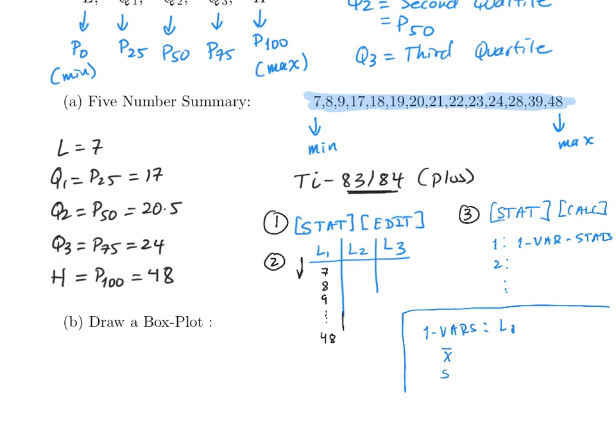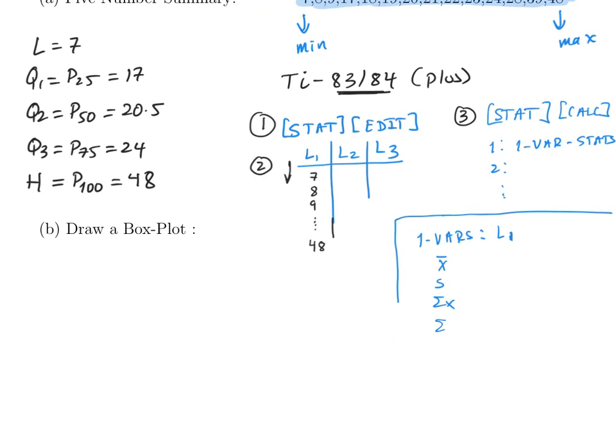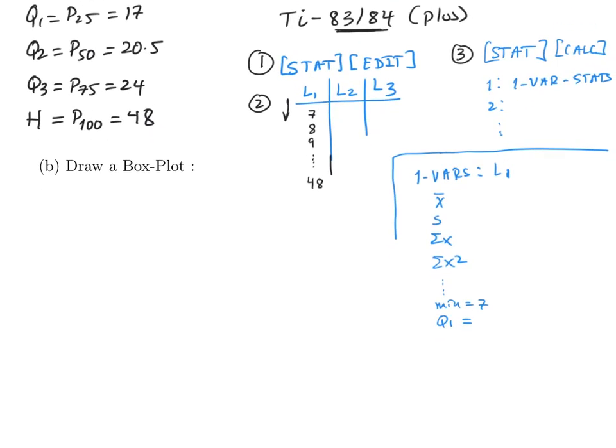It will tell you the standard deviation. It will tell you the sum of x, the sum of x squared, and then you keep scrolling, it will tell you the minimum, which should be 7, Q1, which should be 17, Q2, which is also called the median, which will be 20.5, and so forth.